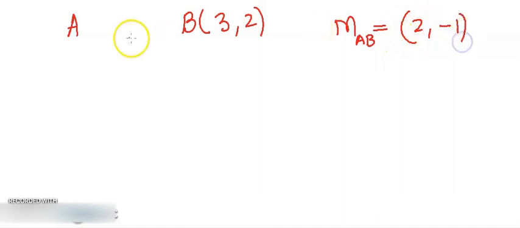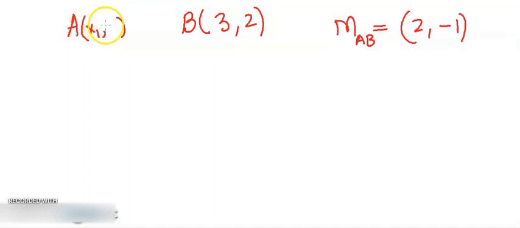For example, we have 2 points A and B. We know the coordinates of B. For example, B has coordinates 3 comma 2, and M is the midpoint between A and B, which is 2 comma -1. Now we can ask what are the coordinates of this A.